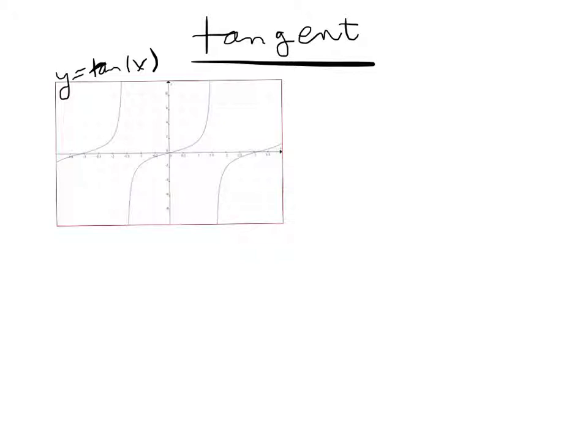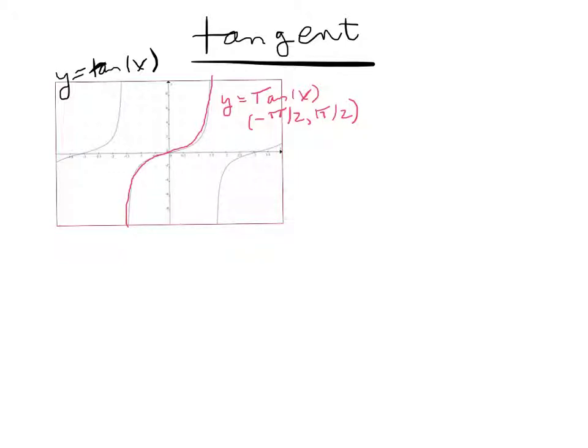And so the restriction that we put on tan of x, so its inverse is a function, is we look at this much of it, and we call that principal tan. And so the restriction then is from minus pi over 2 to pi over 2, not including the endpoints because tan is not defined there.